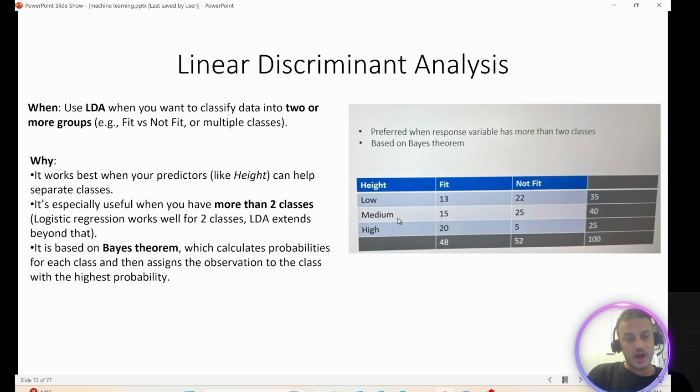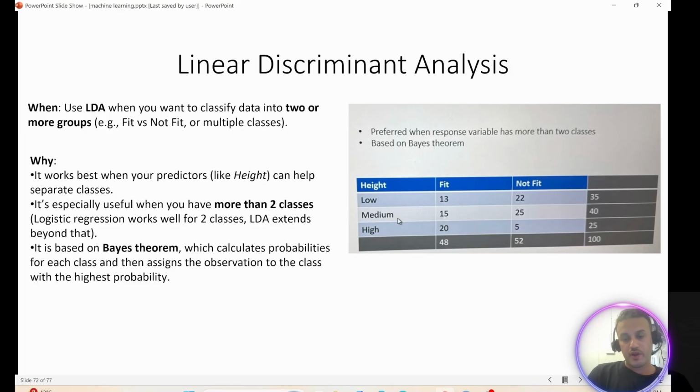It works best when the height can be separated into classes. It's especially useful when you have more than two classes. Logistic regression works well for two classes. LDA extends beyond that. It is based on Bayes theorem, which calculates probabilities for each class and then assigns the observation to the class with the highest probability.